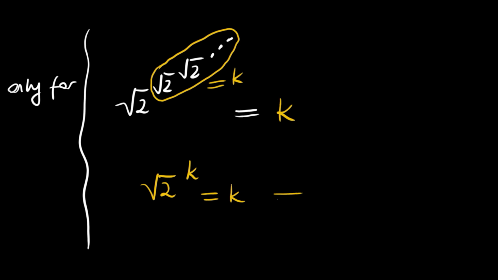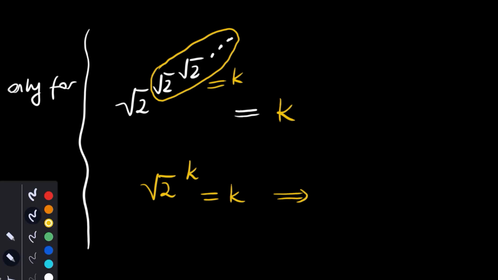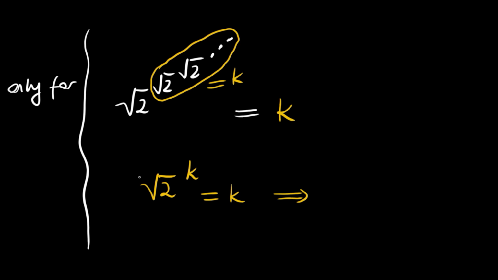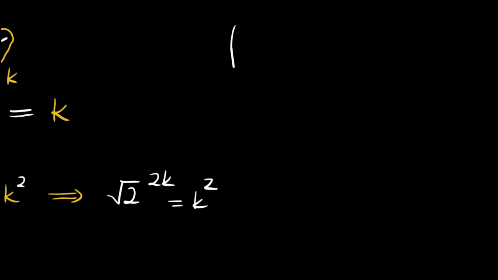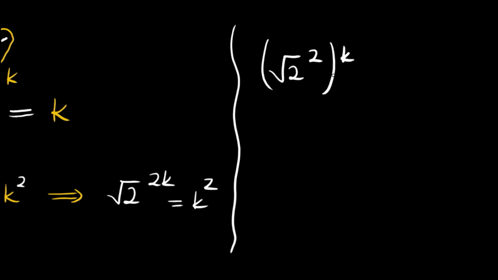Now squaring both sides. This will give root 2 to the power of 2k is equal to k squared. But this 2k power can be written as root 2 squared to the power of k.